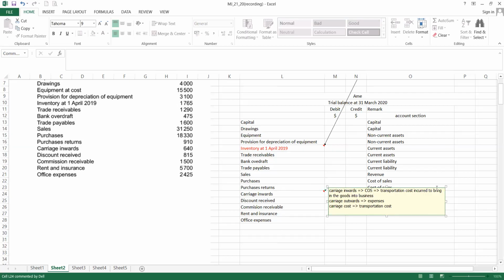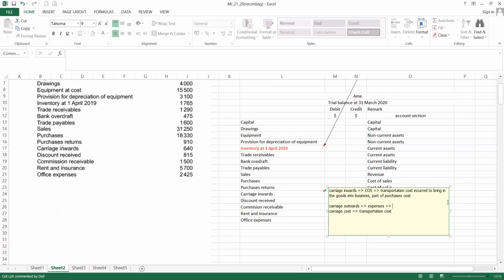That's why it's part of the purchase cost, which is the reason it sits under cost of sales. Whereas carriage outward is an expense.